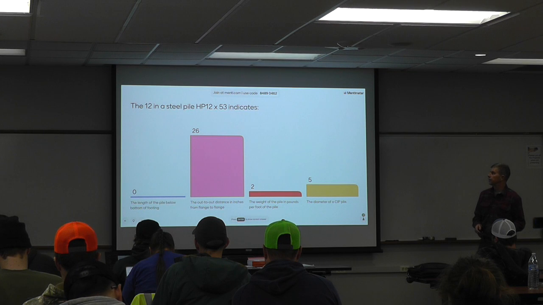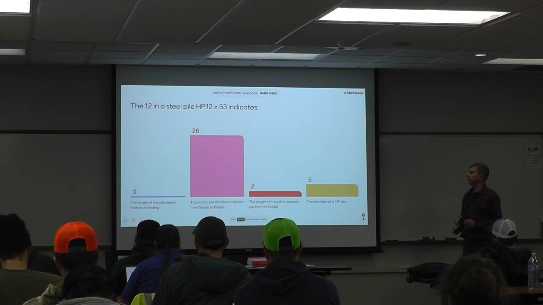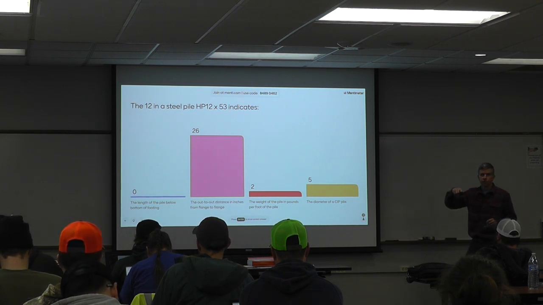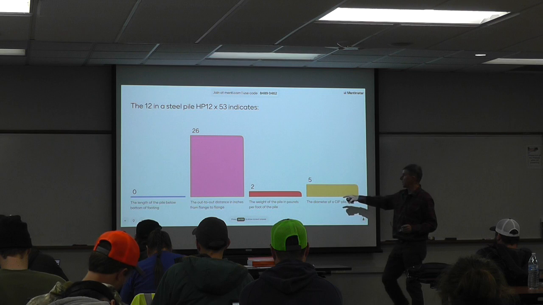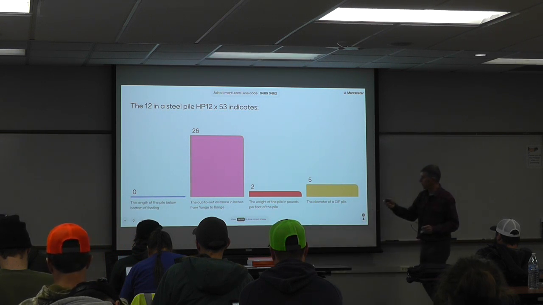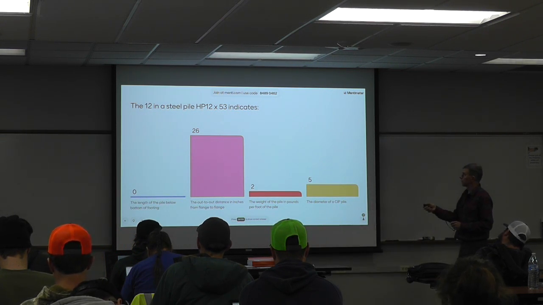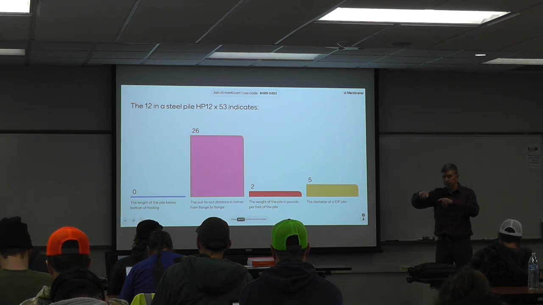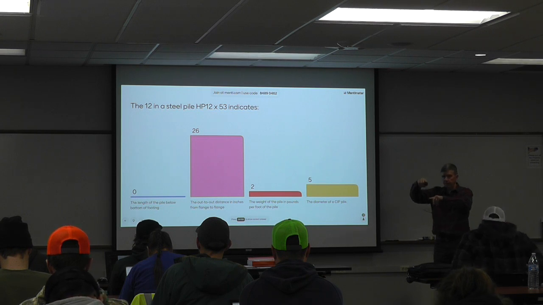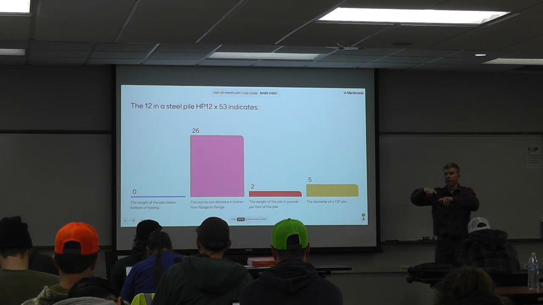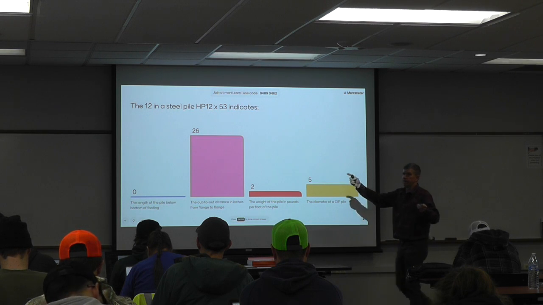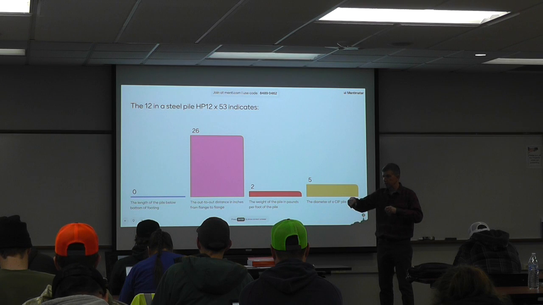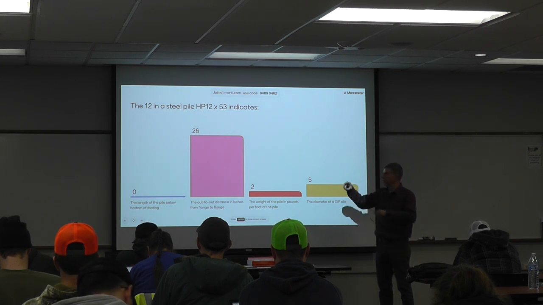The 12 in a steel pile HP 12 by 53 indicates what? The HP means it's an H shape, so right away that takes out the CIP. The way these work is HP 12: the 12 is the dimension, the distance from flange to flange, so it's 12 inches. If you have an HP 16 by 100, say, that would be 16 inches from flange to flange.